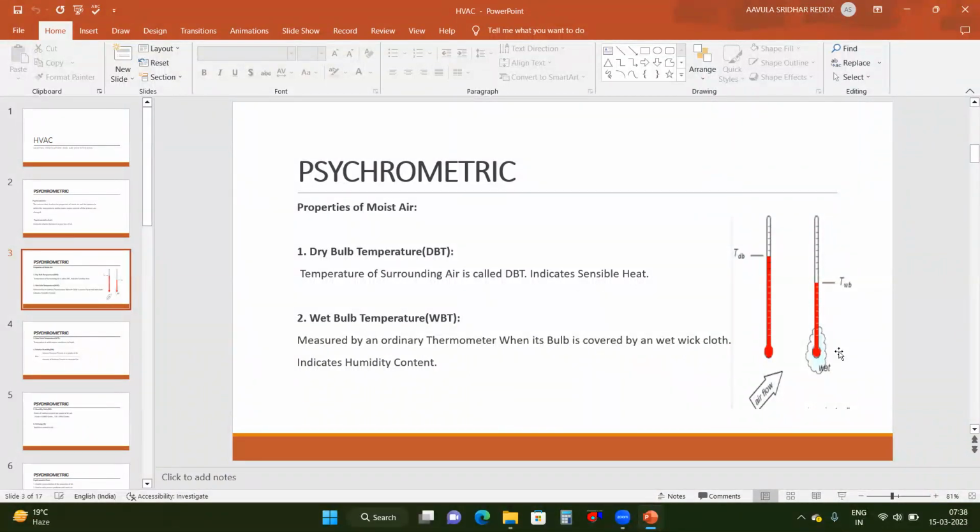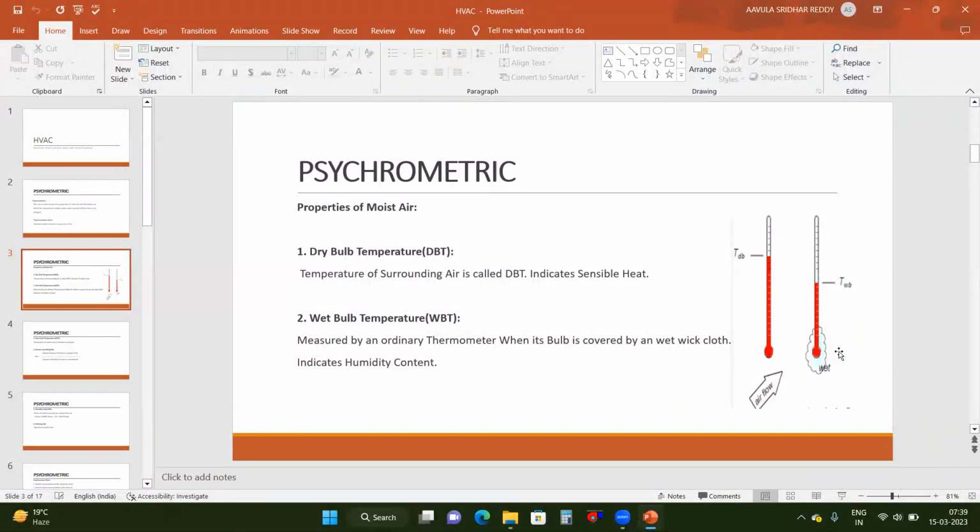In our last class we discussed that if the moisture content is 100%, we can call it the saturation point. If we reach the saturation point in the atmosphere, the dry bulb temperature and wet bulb temperature will match.